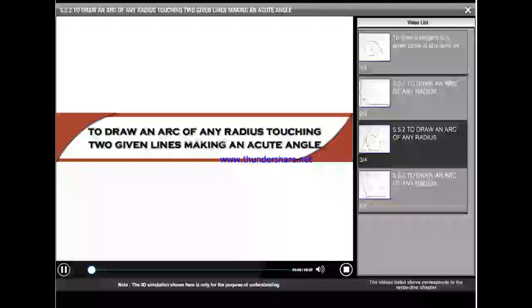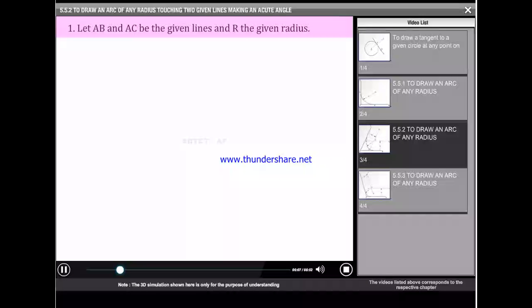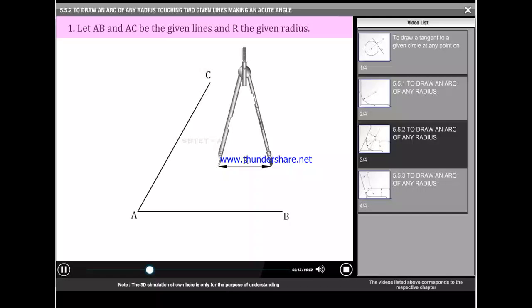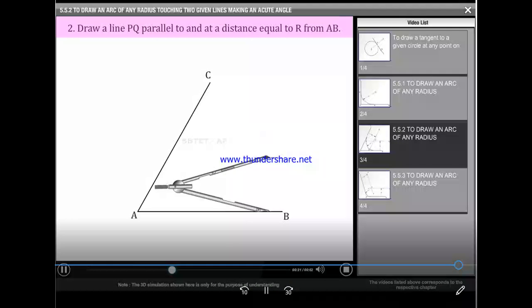To draw an arc of any radius touching two given lines making an acute angle. Let AB and AC be the given lines and R the given radius. Draw a line PQ parallel to and at a distance equal to R from AB.